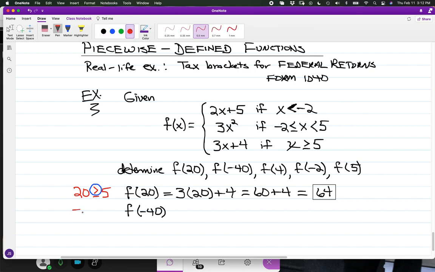So for those inputs that are less than negative 2, we're going to apply the 2x plus 5 treatment. So here we have 2 times negative 40 plus 5. 2 times negative 40 is negative 80, plus 5. So whenever x is negative 40, the y value that corresponds ends up at negative 75.